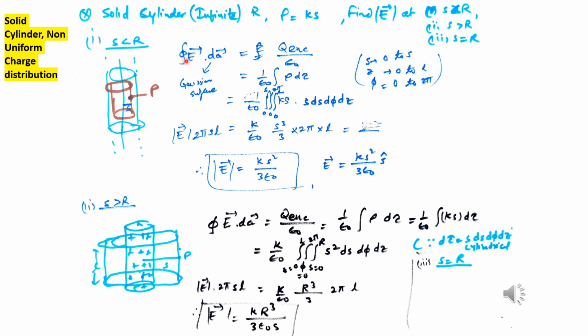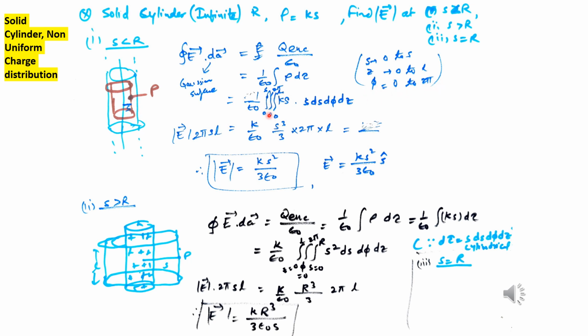So closed integral of E dot dA equal to Q enclosed by epsilon naught, and Q enclosed is rho into d tau, rho is given as K into s, and d tau in cylindrical case is s ds d phi dz, and the limits are s varies from 0 to s, z from 0 to L, and phi varies from 0 to 2 pi.